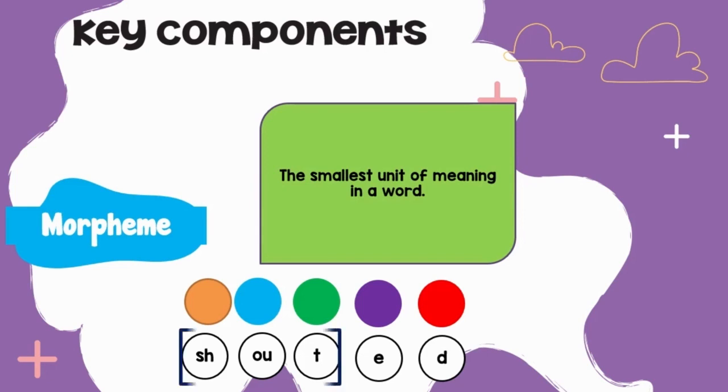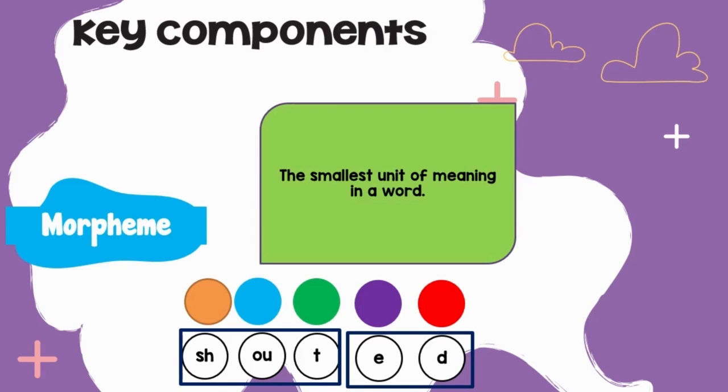We have the base word shout and the meaning of it. And then we have the suffix ed, which has the meaning of in the past. So this word shouted has 2 morphemes. The base word shout, meaning to talk loudly, and the suffix ed, the vowel suffix ed, which means something that happened in the past.